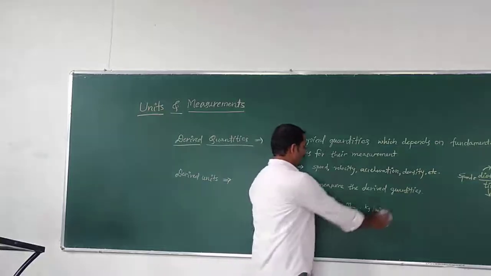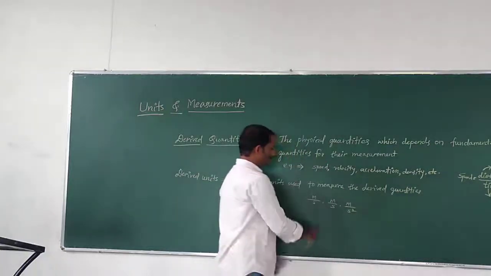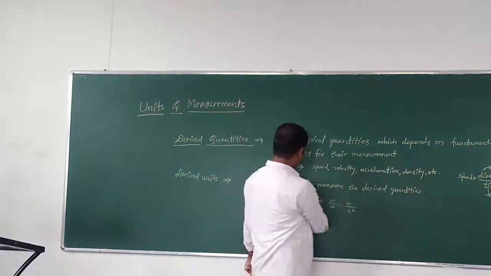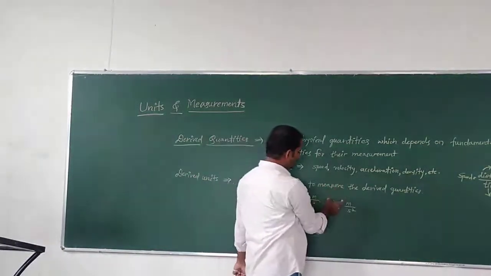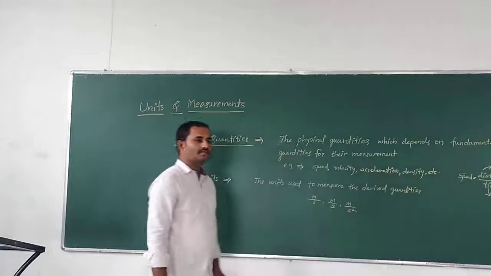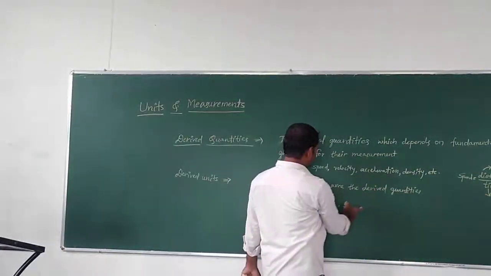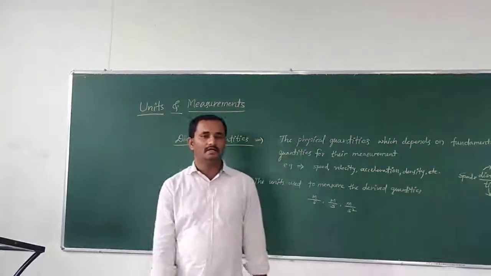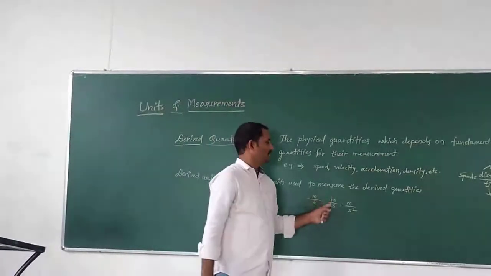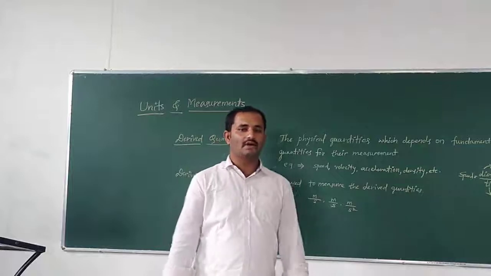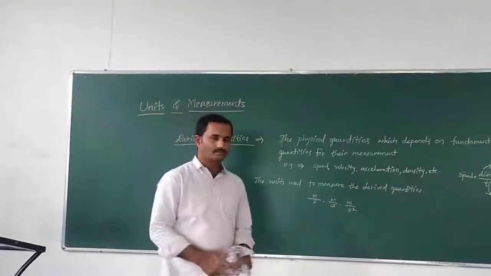Okay, so you can see only these three. Speed is meter per second, velocity is also meter per second, acceleration is meter per second square. So the units used to measure the derived quantities are called as derived units.